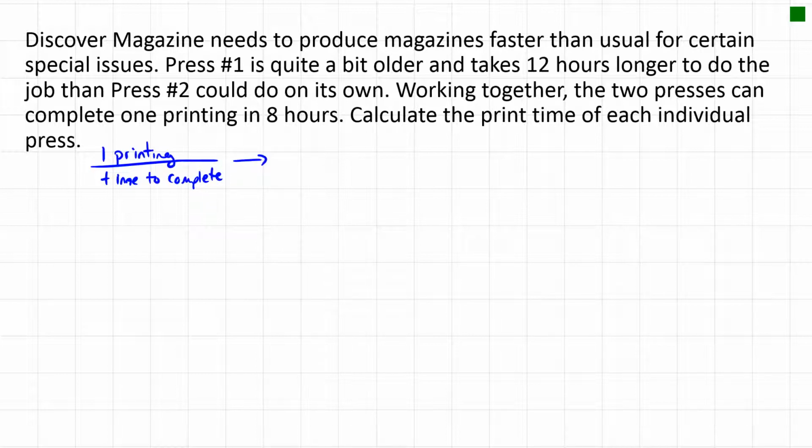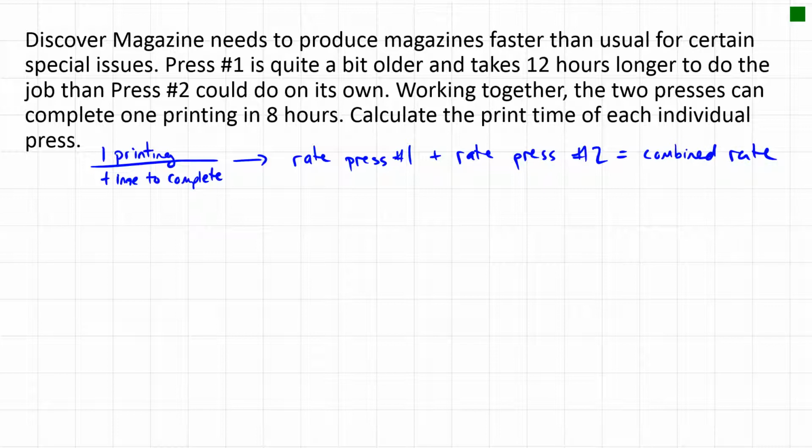Now we have two printers which are combining together. So that would be the rate of press 1 plus the rate of press number 2, which combine for the combined rate.